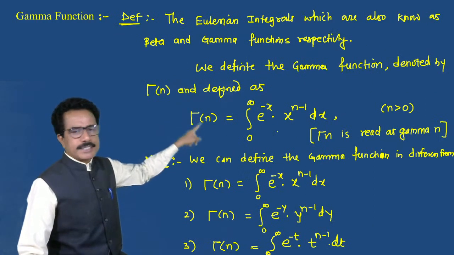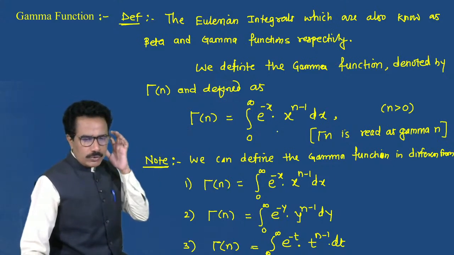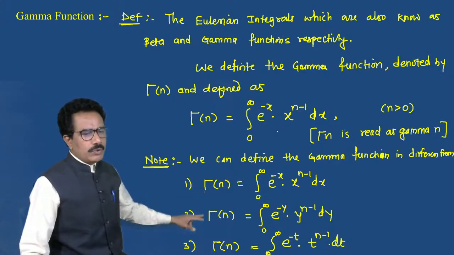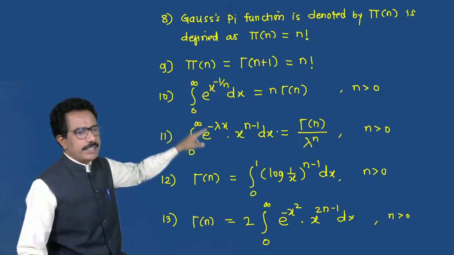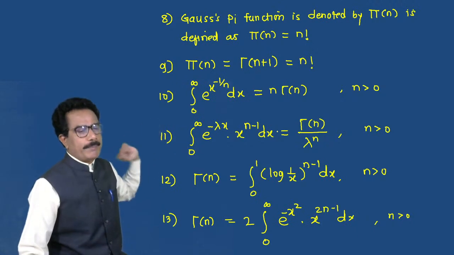See, this is the definition of a gamma function. But to prove this property, we have to calculate. How can we calculate? We have to use the transformation of a gamma function. This transformation is very important to prove this property.